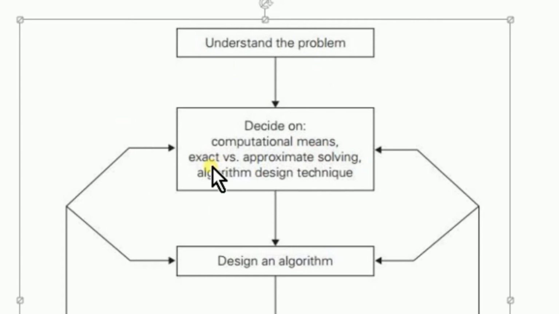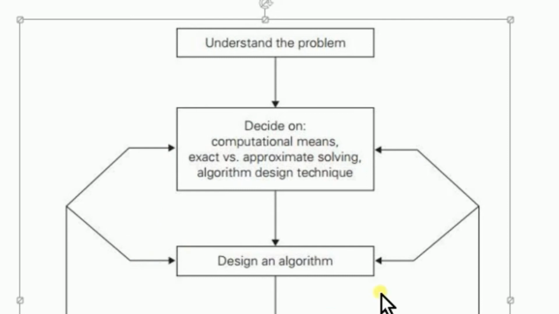Then decide on computational means, exact versus approximate solving methods, and algorithm design technique. That is the second step. Decide on computational means. There may be some exact or approximate solving methods, and you have to think of that in the second step. In the third, design an algorithm.